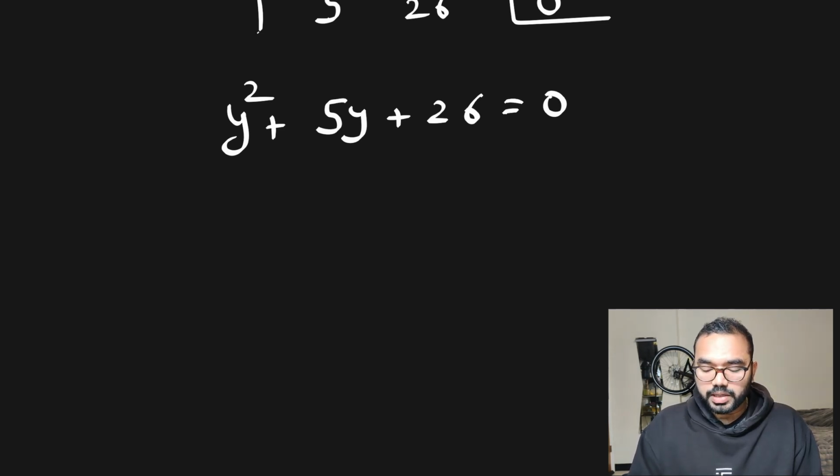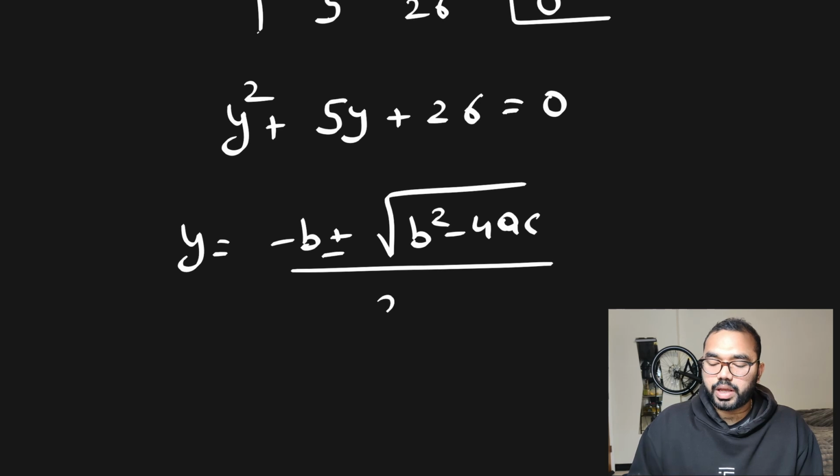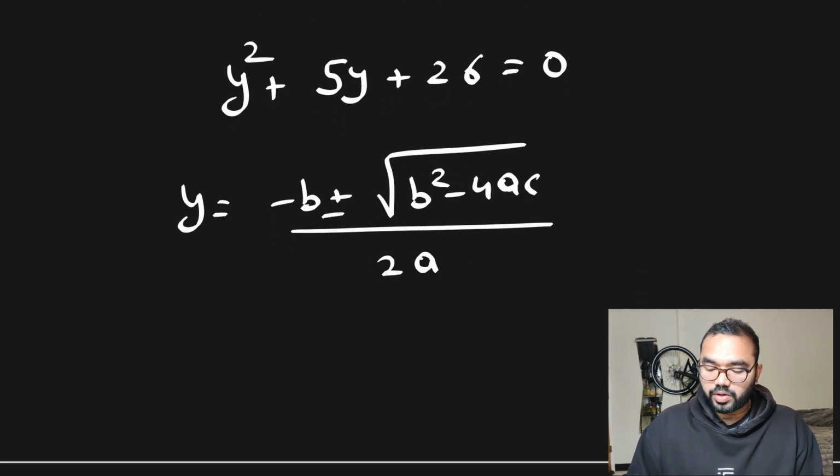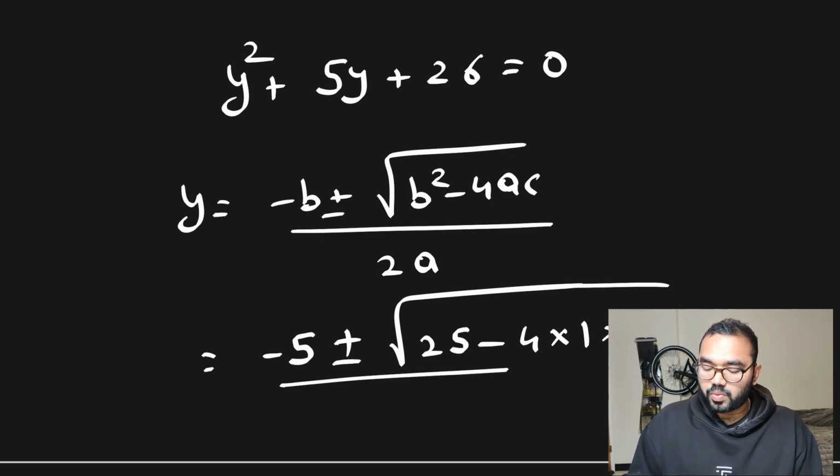The quadratic formula is y is minus b plus or minus the square root of b squared minus 4ac, divided by 2a. b is the coefficient of y, so minus 5 plus or minus the square root of b squared, which is 5 squared, which is 25, minus 4ac. 4 times 1, where a is 1, and c is 26, divided by 2 times 1.